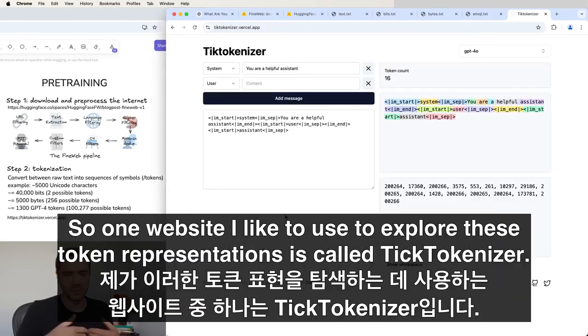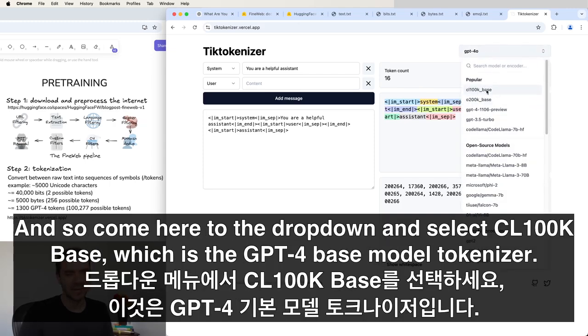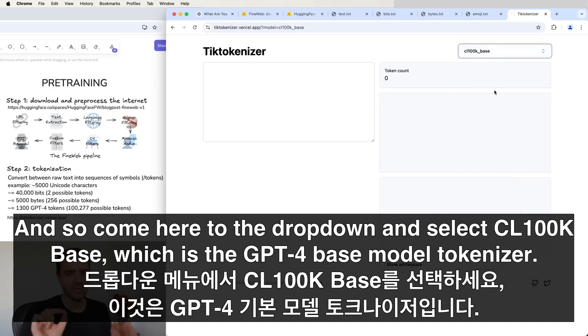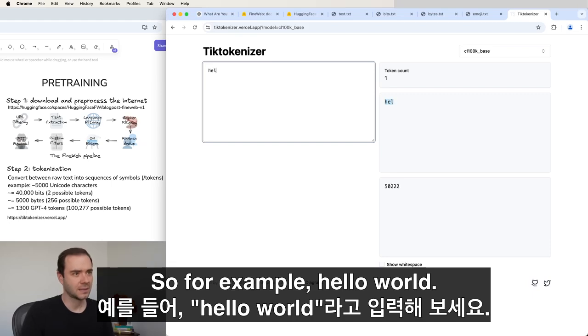One website I like to use to explore these token representations is called TikTokenizer. So come here to the dropdown and select cl100k_base, which is the GPT-4 base model tokenizer. And here on the left, you can put in text, and it shows you the tokenization of that text. So for example, "hello space world".